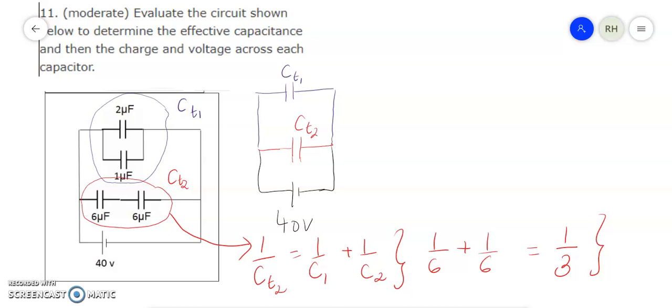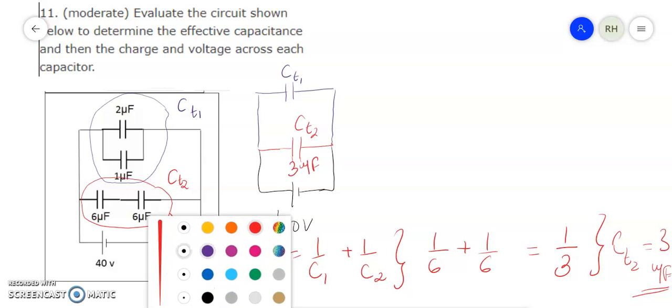That's the answer for 1 divided by CT2. So what is CT2 then? CT2 is equal to the inverse of the answer, which is 3. So it's going to be 3 microfarads.